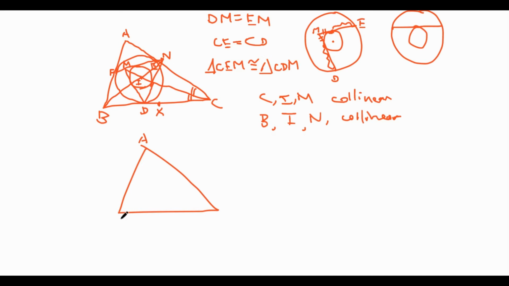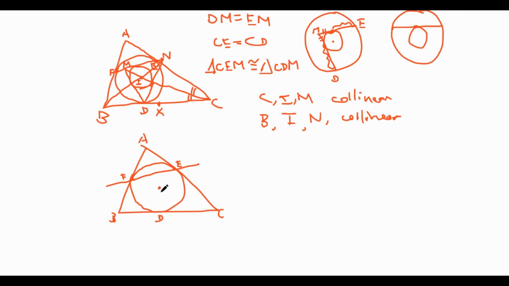So we have triangle ABC with an incircle, that is. Okay, that was a really bad one. There, incircle. There, a lot better. Incircle with this is E, this is F, this is D, and we have this line EF.